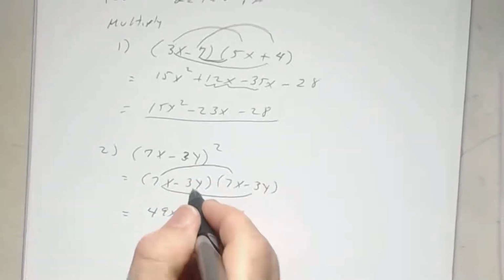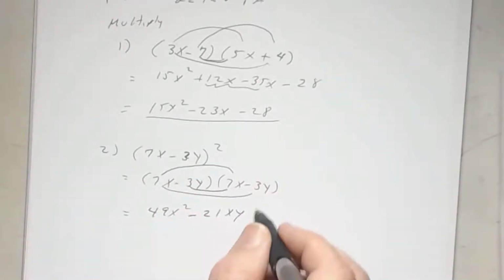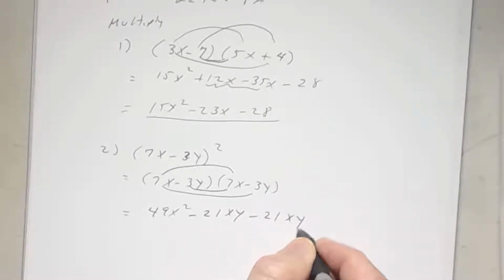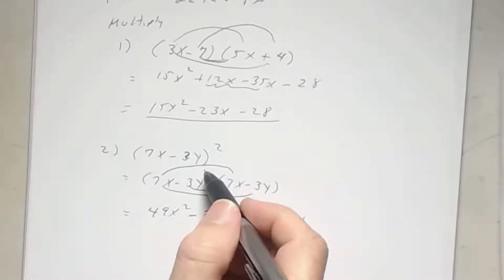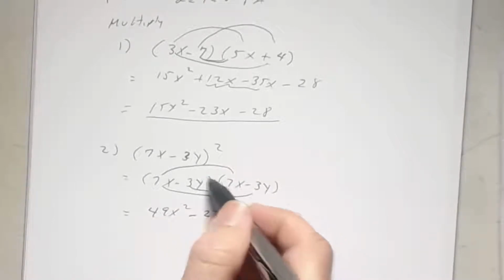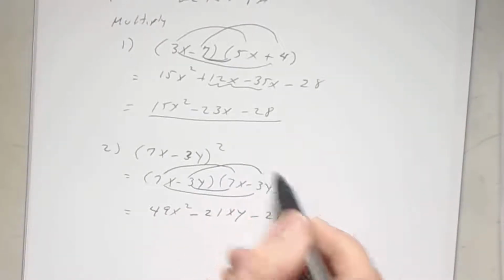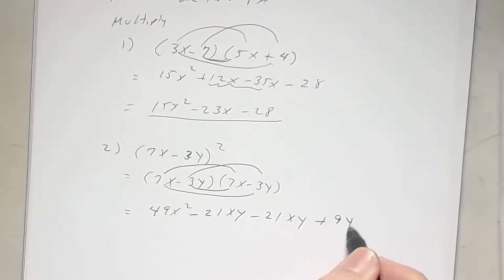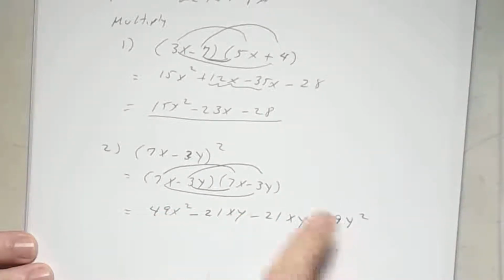So when I do the inner, what's a negative 3y times a positive 7x? It's also negative 21xy. And then the last terms of each binomial, what's a negative 3y times a negative 3y? Yeah, so a negative times a negative is a positive. So it's positive 9y squared. So that's the 4 terms I'm looking for.